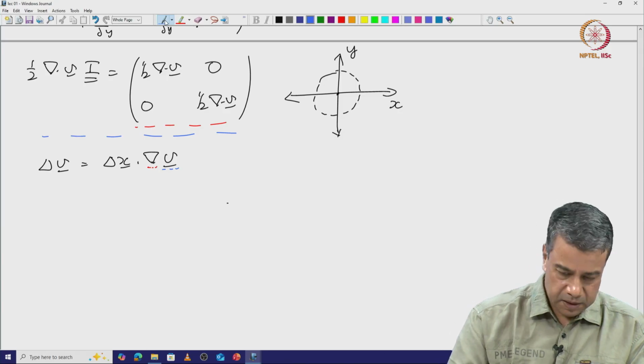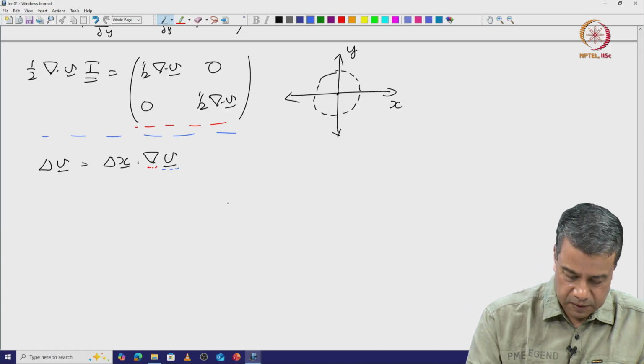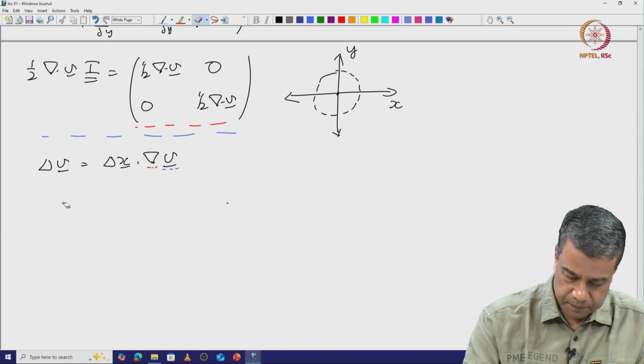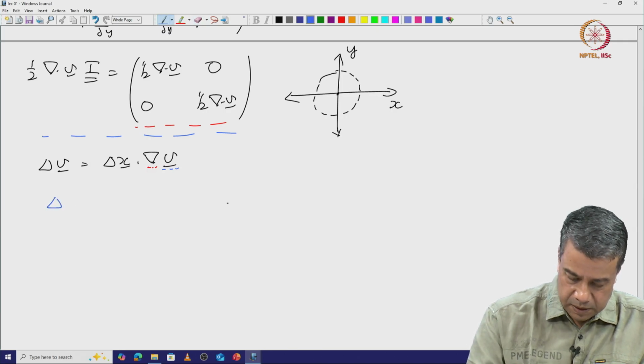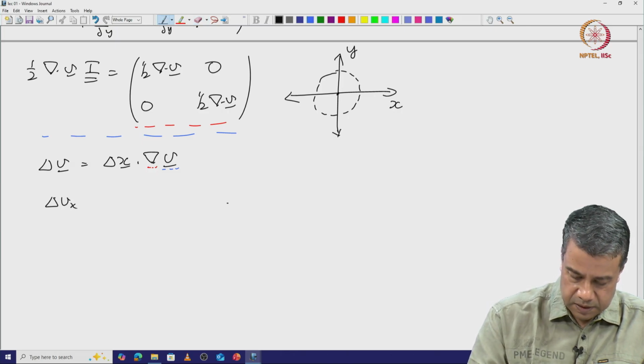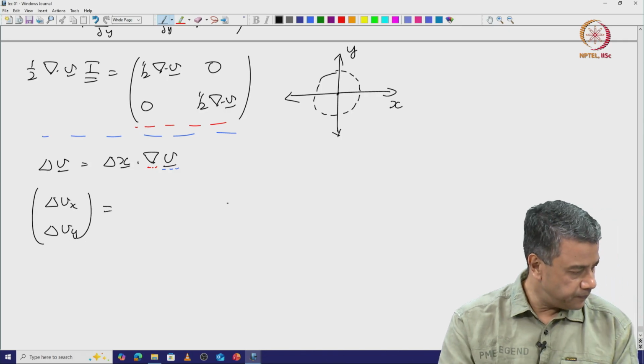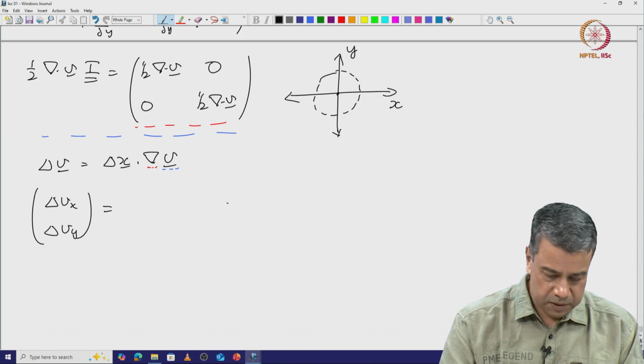I can write the difference in velocity, delta Vx, delta Vy, is going to be this.